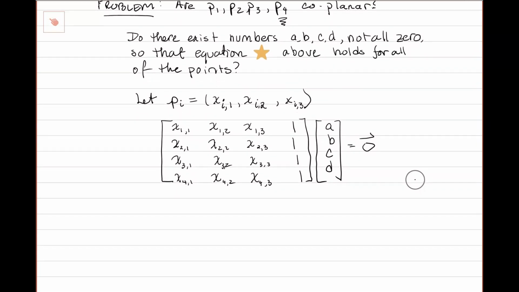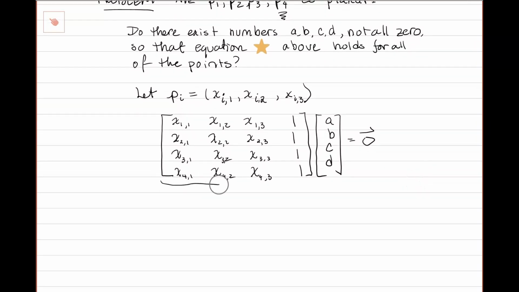Okay, so let's name this matrix. I'm going to call it A. Now, we understand about how determinants can tell us something about the solutions of a linear system, right? We know that if the determinant of A is not equal to 0, then the system has a unique solution.